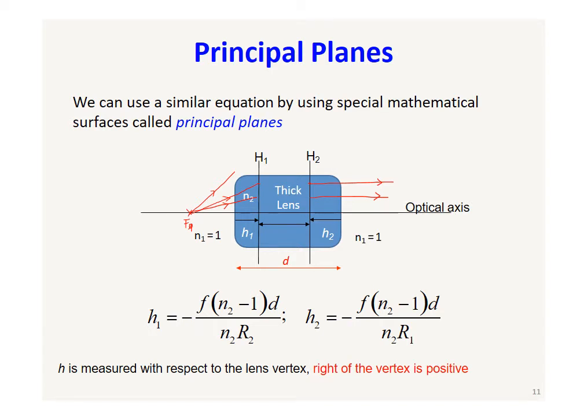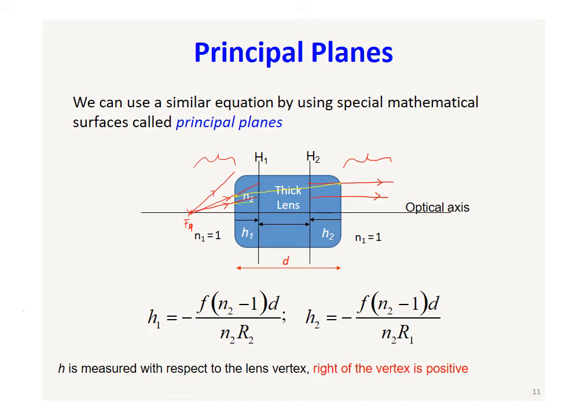So the red rays outside the lens are at least physically correct. The red rays inside the thick lens are just useful mathematical tricks. Of course, in actual fact, the ray is going to be bent at the front of the lens. It'll propagate in a straight line until it reaches the second interface where it bends again.